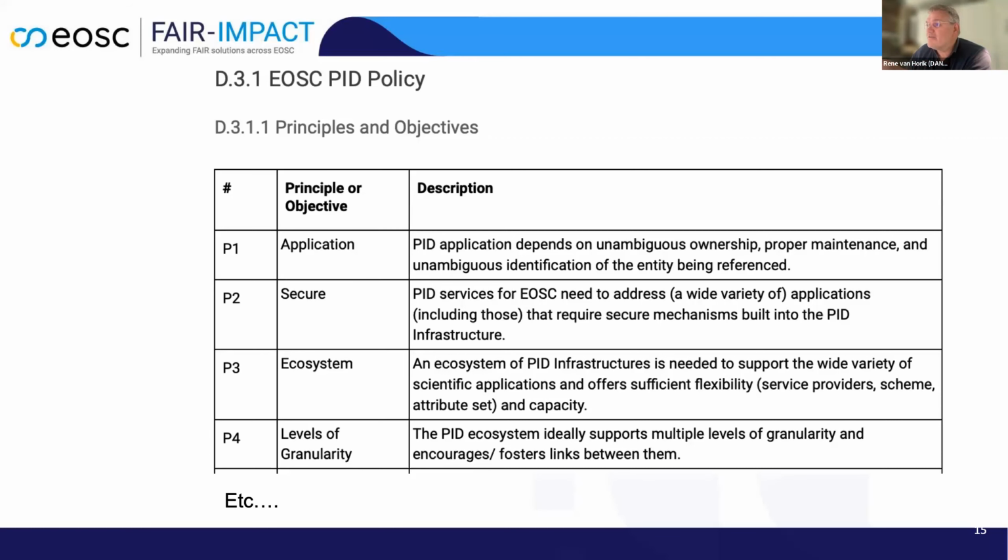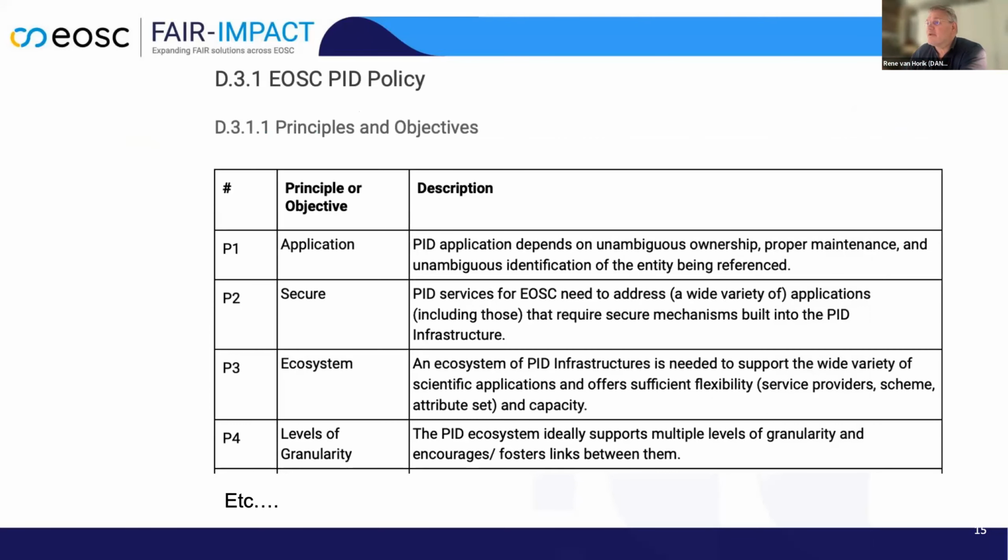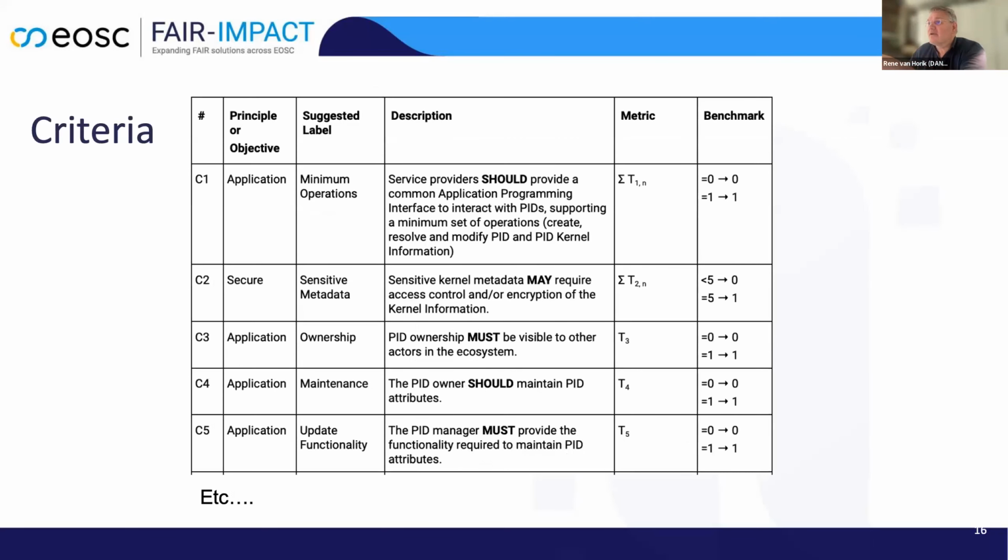Keep in mind, if you go to principle 1, application, there is then also criterion 1 related to this application. It says a service should provide a common API to interact with PIDs, supporting a minimum set of operations. It's not enforced; it would be great to have it.